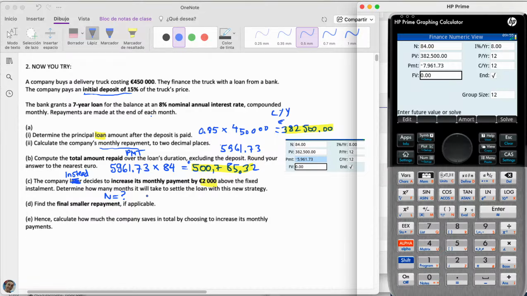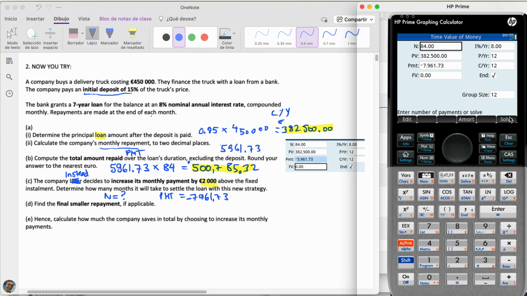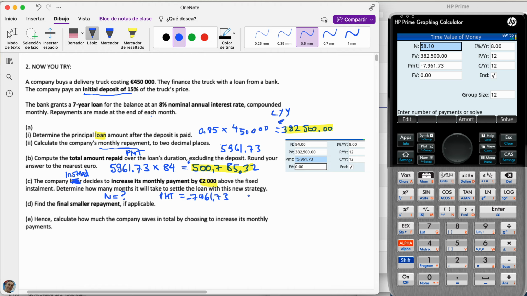Okay, so PMT is now going to be 7961. Obviously that's going to take less time. We're still paying off the same loan. How long does it take? It's going to take 58.8 months, which means that it's going to be 59 months.